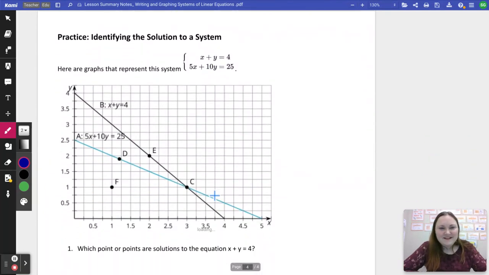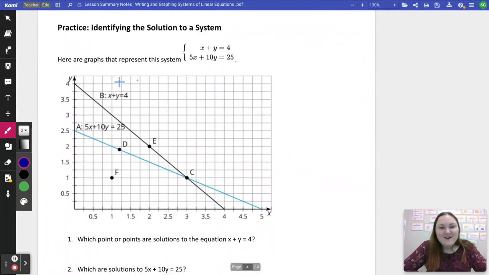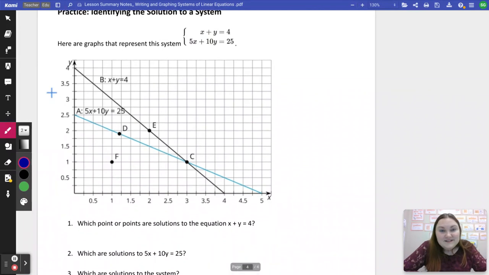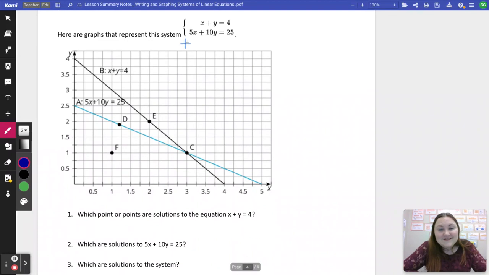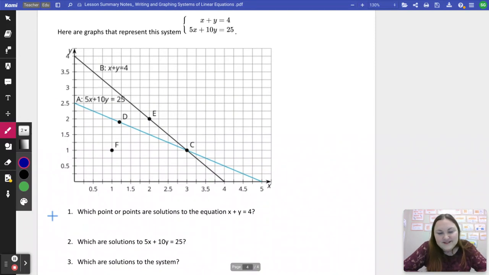So I'm going to come down here. Here are the graphs that represent this system. So here's our system of equations, and here are the graphs of those two lines from that system. Using this information, you can use that system of equations or the graph. There are 3 questions here for you to answer. Number 1 says which point or points are solutions to the equation x plus y equals 4.